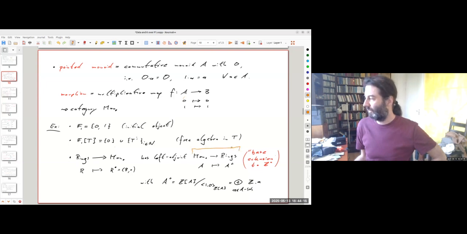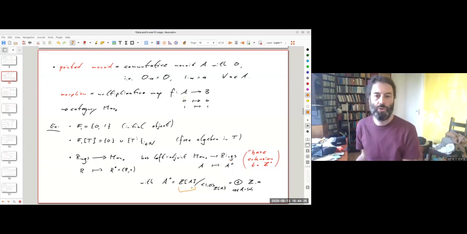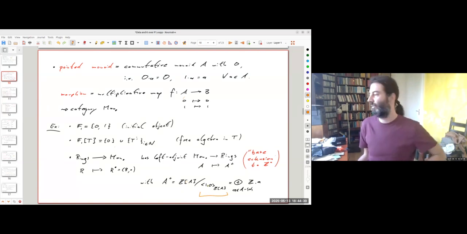If we have a pointed monoid, we can send it to a ring A plus, which is defined as follows: we take the monoid algebra, the one that appeared before, but now we have a pointed monoid, so we have to identify the base point, which is 1 times 0, with the 0 in our ring. So we divide out this ideal, and as an abelian group, these are just Z-linear combinations of non-zero elements in A.